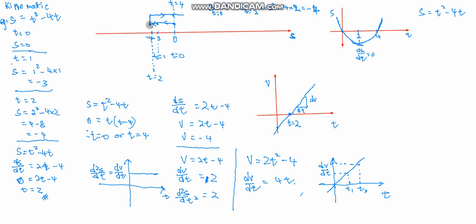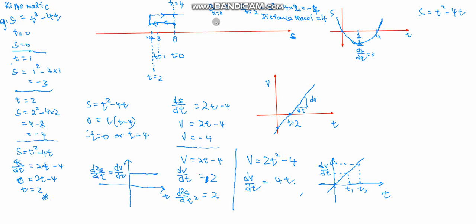At this point here, the displacement is minus 4. That means we have gained a distance of, if you just talk about distance traveled, 4, taking the scalar value, equals 4.